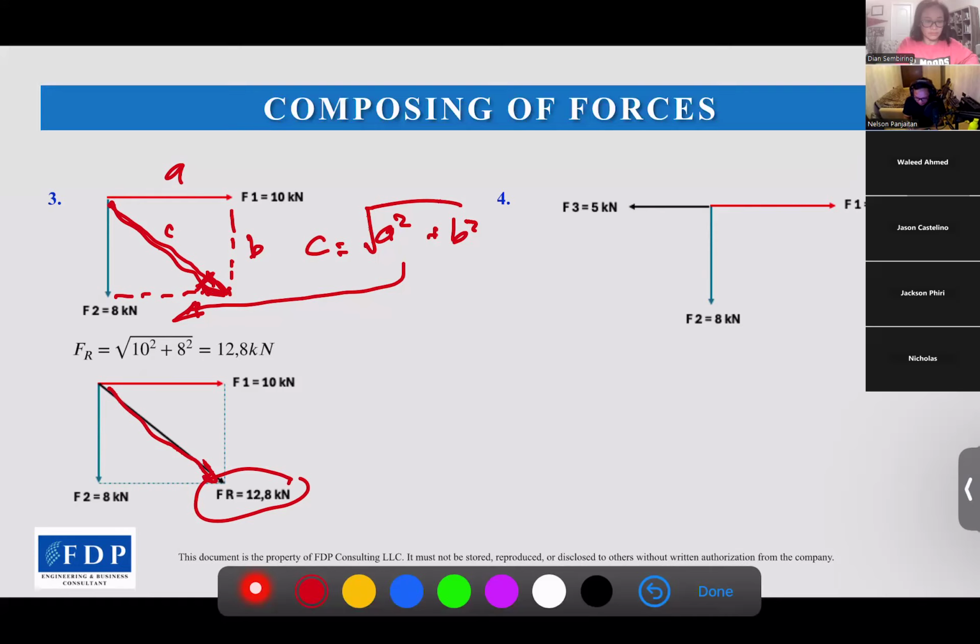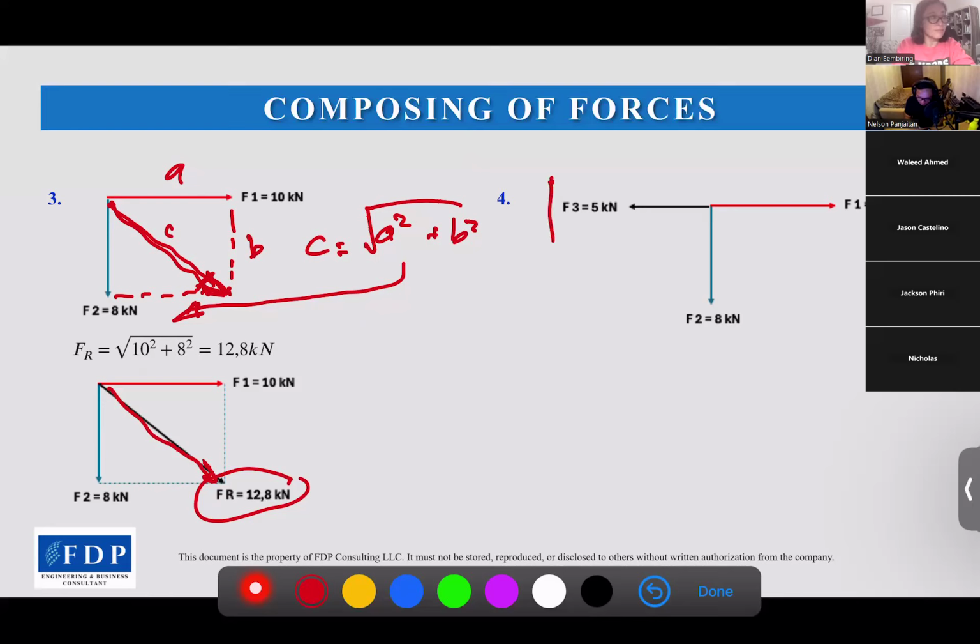And the fourth is we have three forces acting on the object. First, F1 is acting to the x positive, 10 kilonewton, and F2 in the y negative is 8 kilonewton, and then F3 is 5 kilonewton to the x negative. To solve this, we need to do it step by step.